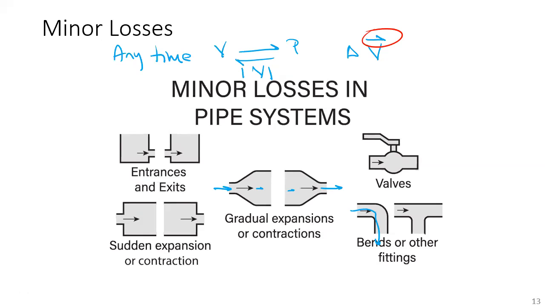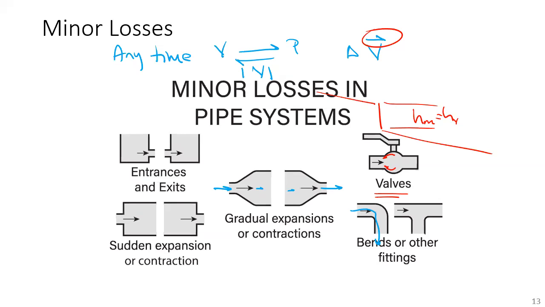So what happens is when we're going through something like a valve, the EGL is coming in, we just have pipe friction, and at the valve, we're going to see a loss in the energy grade line. And that loss is a minor loss. And in this case, I'm just going to subscript it h_V because we have a valve there. And yes, there is frictional resistance happening in the valve, but you don't double count.